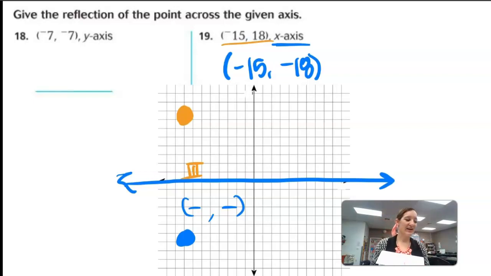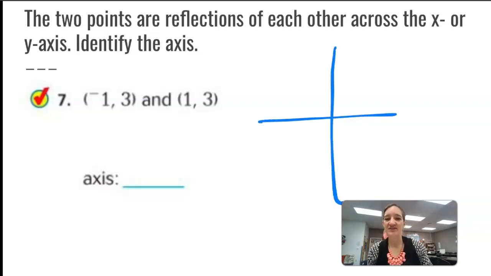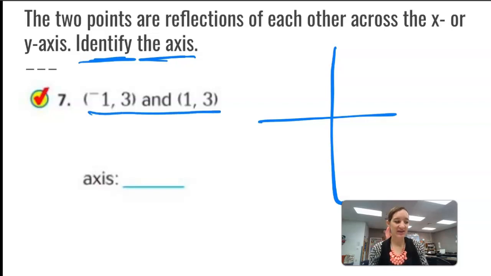Okay? What if they give you two ordered pairs that are in different quadrants, and it asks you to identify the axis? Is this a reflection? I know they're reflections because they're both ones in the x-coordinate. They're both threes in the y-coordinate.